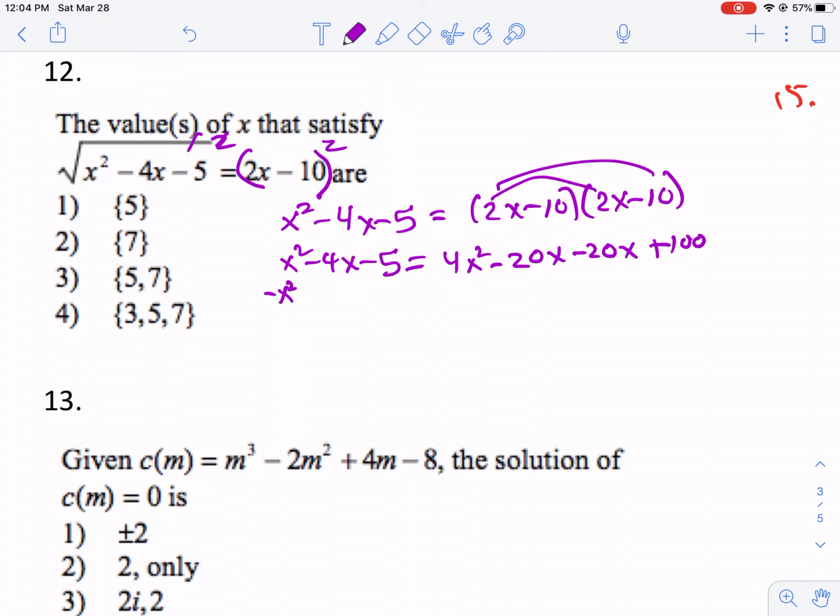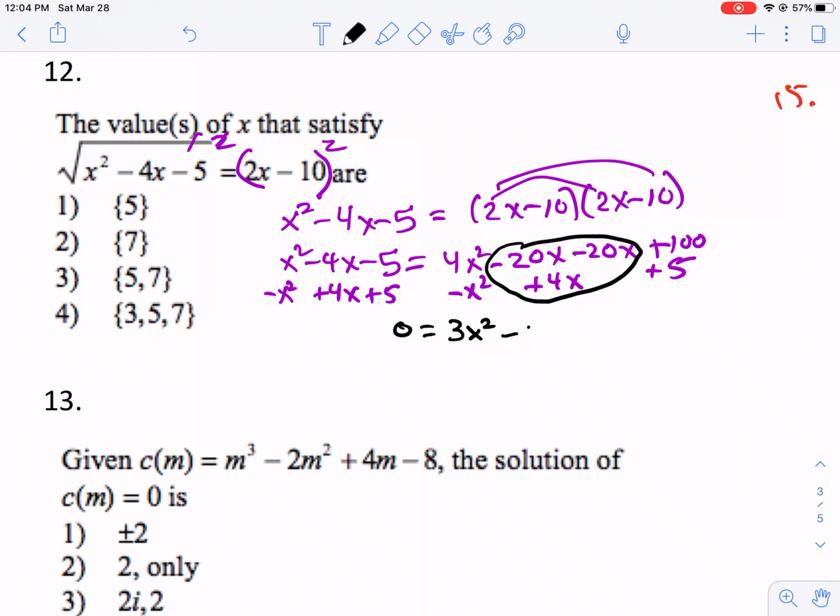So subtract the x squared, add the 4x, add the 5. So 0 equals 3x squared. If I combine all of these together, I get negative 36x plus 105.